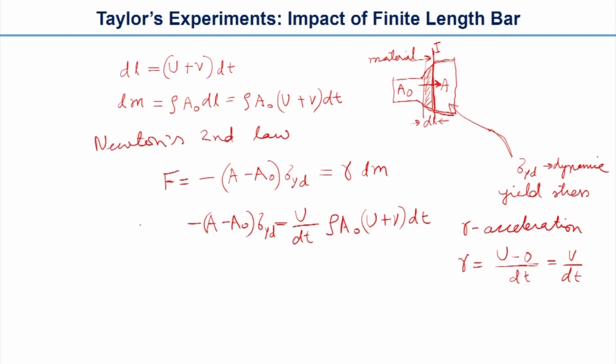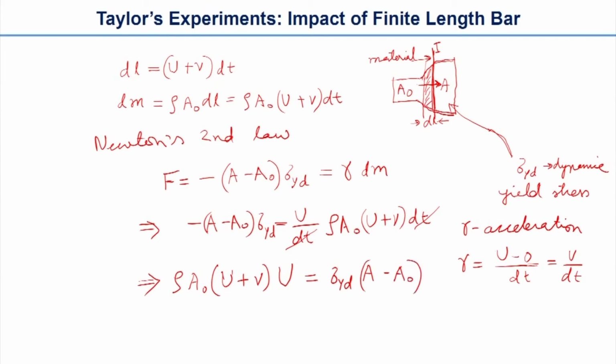So, dt will get cancelled, and by rearranging we can write (U plus small v) capital U is equal to sigma yd (A minus A naught).